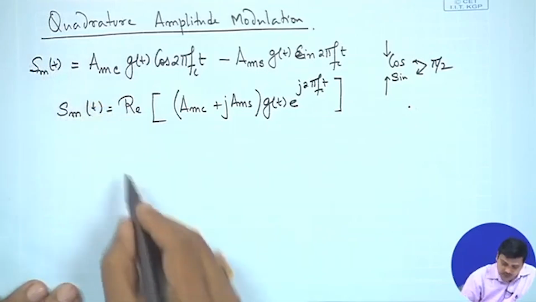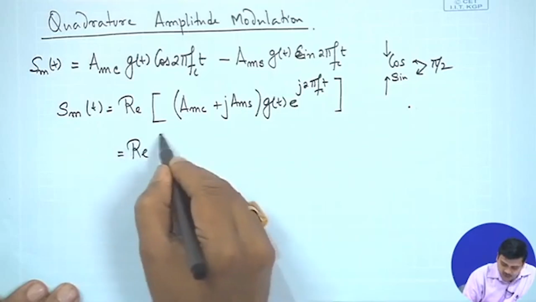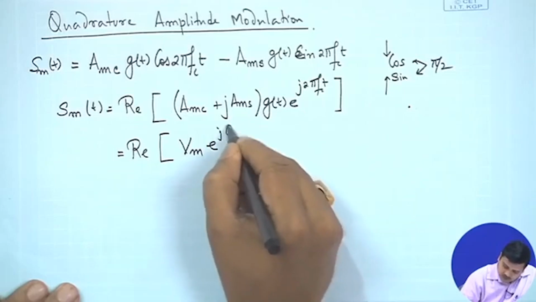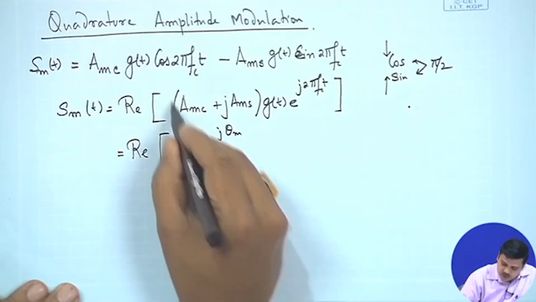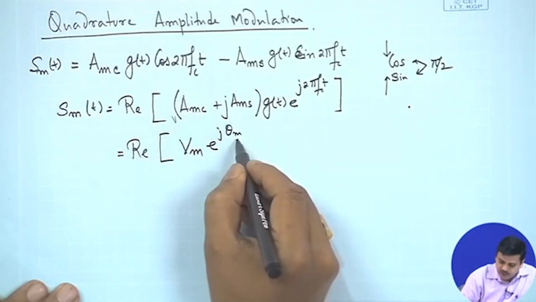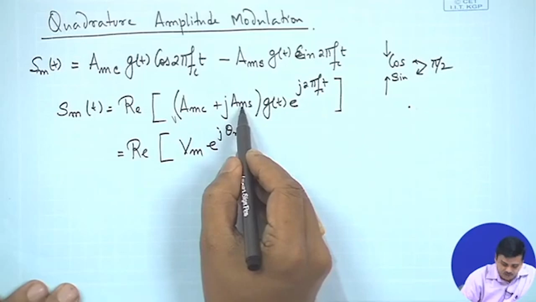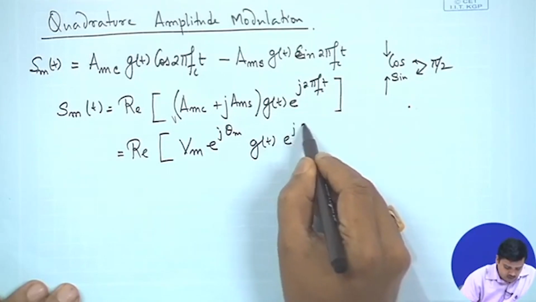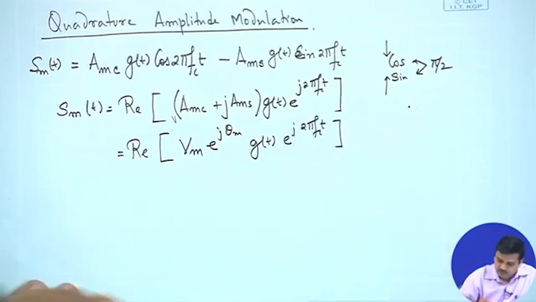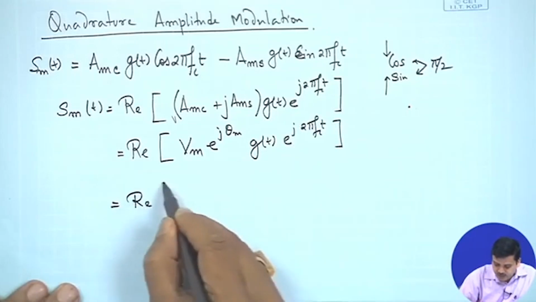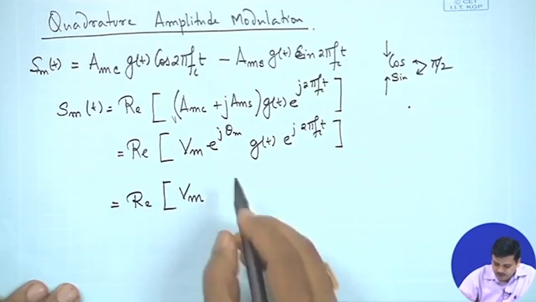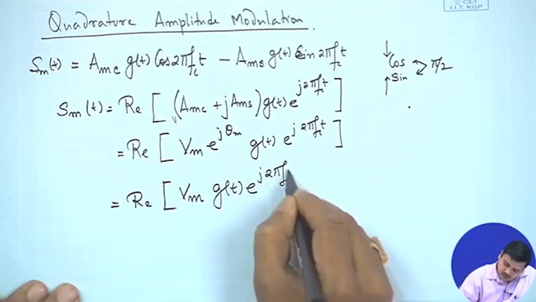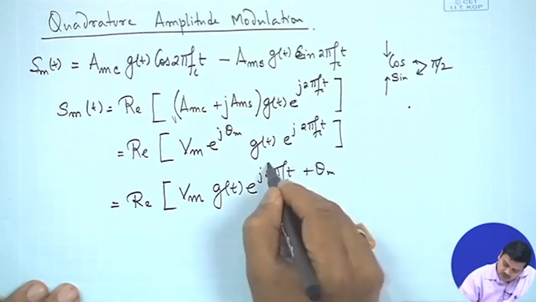And we could also write this as the real part of some V_m e to the power of j theta_m, where V_m is the square root of a_mc squared plus a_ms squared, and theta_m is the tan inverse of this over this, times g(t) e to the power of j 2 pi f_c t. You could also write this as the real part of V_m g(t) e to the power of j (2 pi f_c t plus theta_m).